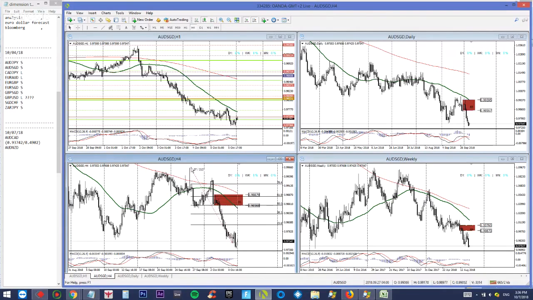Hopefully we can go for a cluster area for entries, which is right here, and stop right on the top for the short. So we'll put it right here, and this is our stop loss.